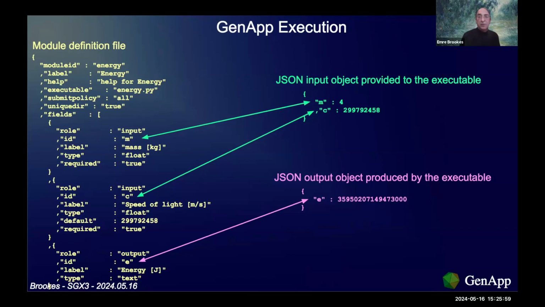And so this becomes the object that's input to the executable or its wrapper. And then it expects, as a return from that execution, a JSON object where IDs of output objects are mapped to their values.